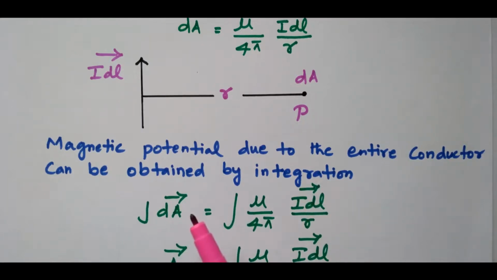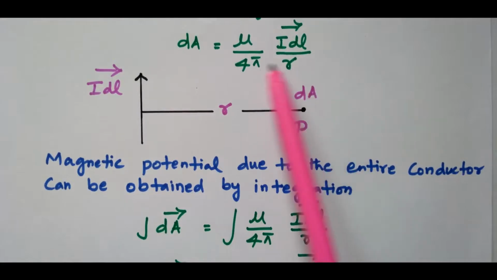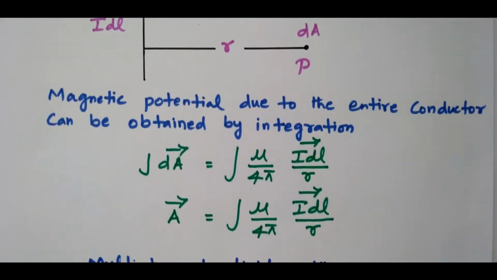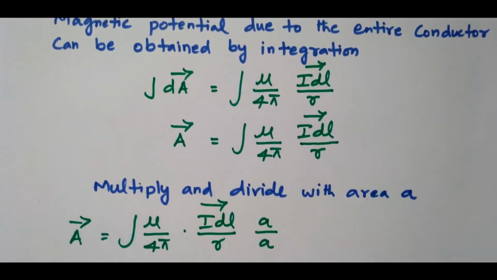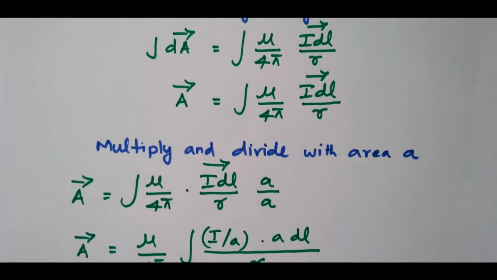So integral dA equal to integral mu by 4 pi I dl vector by r. Integral dA is nothing but A, equal to mu by 4 pi integral I dl vector divided by r. Now for simplification, multiply and divide with the term area A.